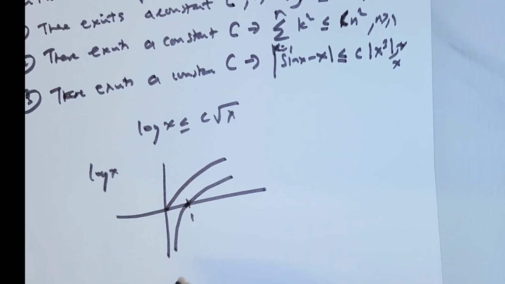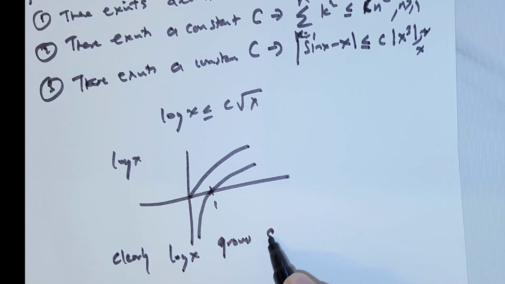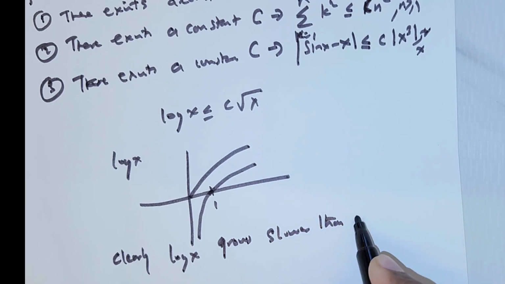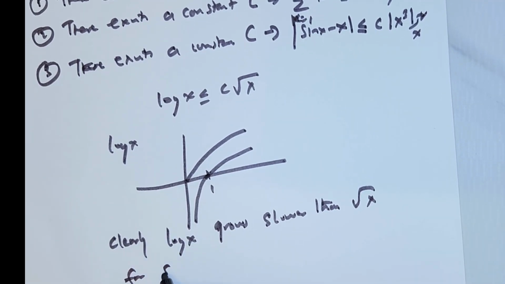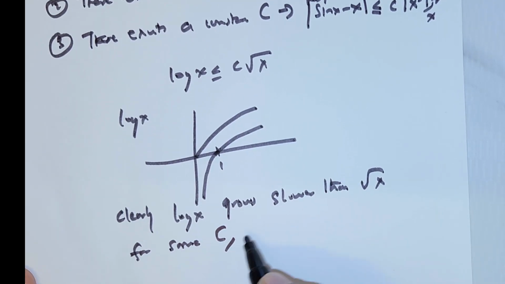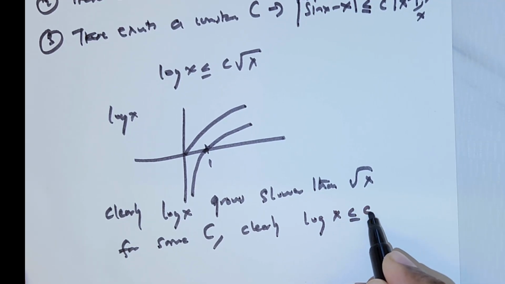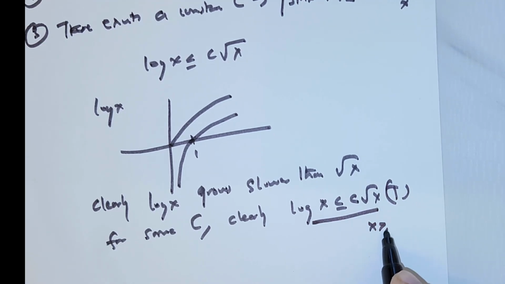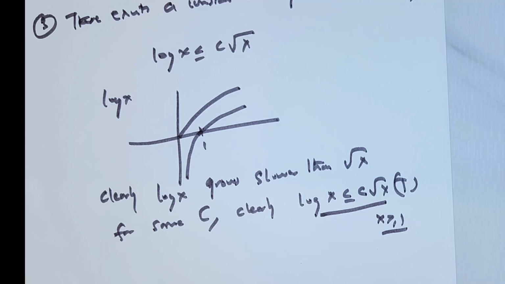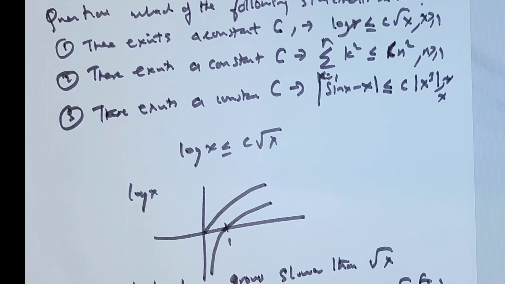And clearly log x grows slower than root of x. So for some c, clearly log of x is going to be less than or equal to c times root of x. Okay, so this is true, of course, for x greater than or equal to 1. So the first statement is a true statement. So let us go and check the second one.